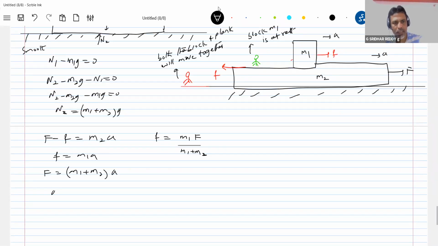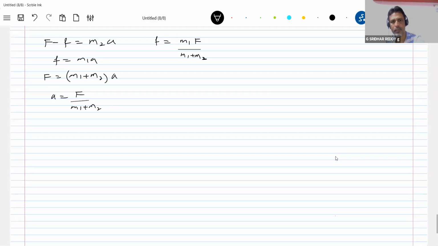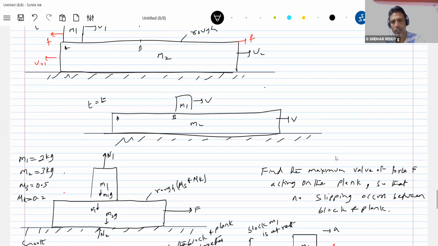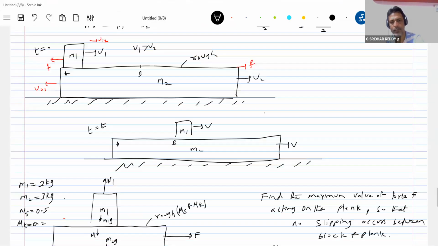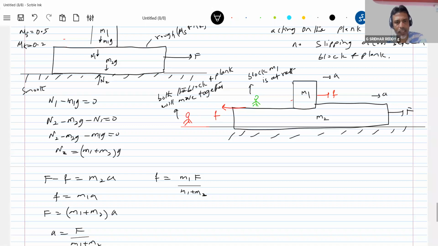So here acceleration is equal to F by M1 plus M2. Okay, so the basic idea.